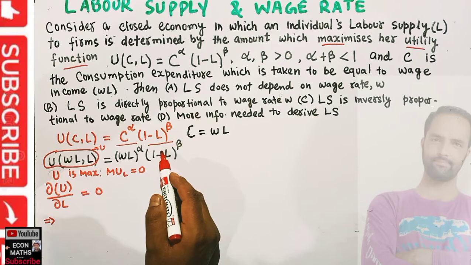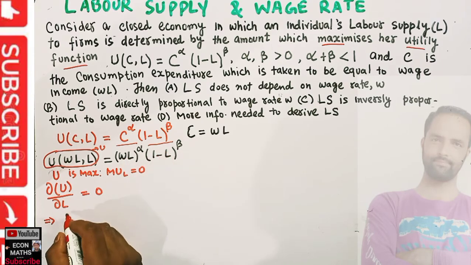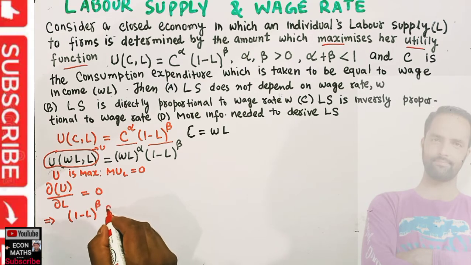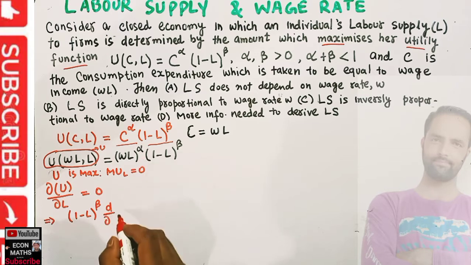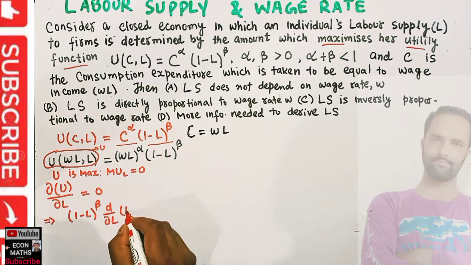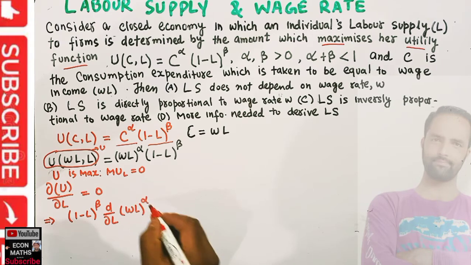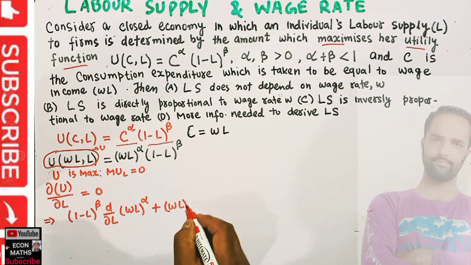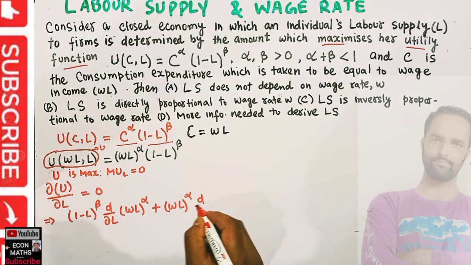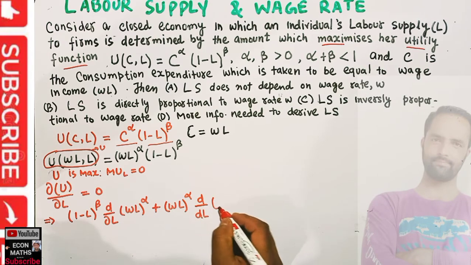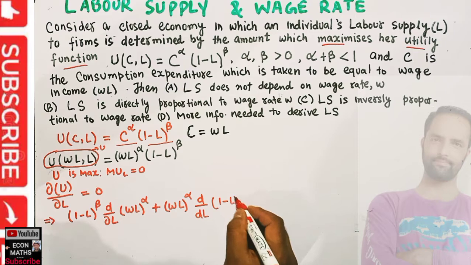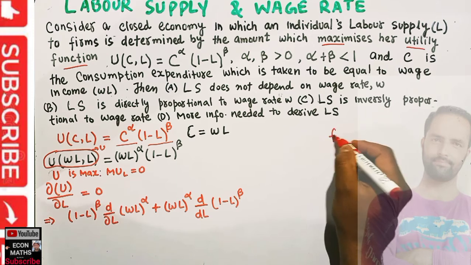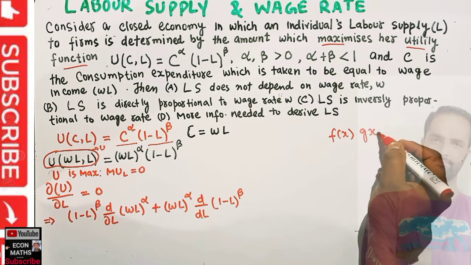Let's write the first function, (1 minus L) to the power beta, and take the derivative of the first function, plus we write the first function as it is, and take the derivative of the second function. This is how we take the derivative. Let us say we have f of x and g of x.